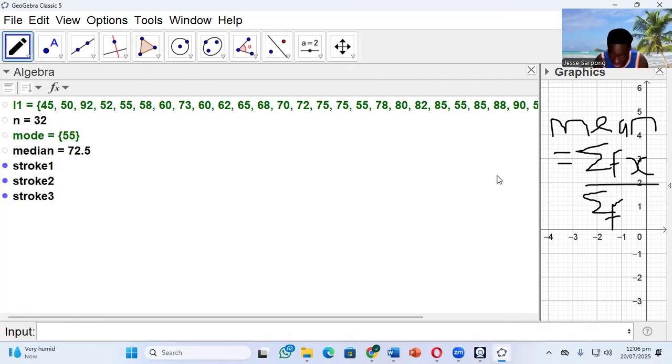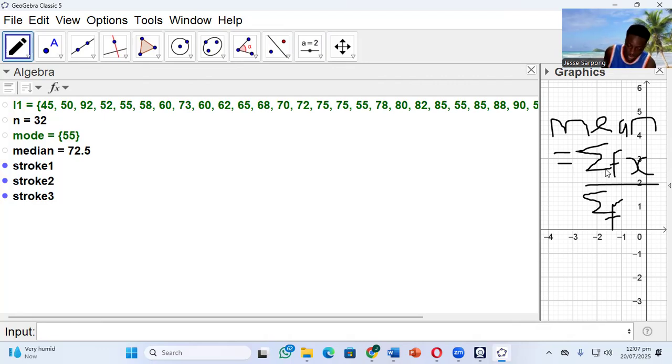With this formula, sigma fx over sigma f for the mean, this is when you have your frequency distribution table. When you have a frequency distribution table, you get your f, and your x will be the data.